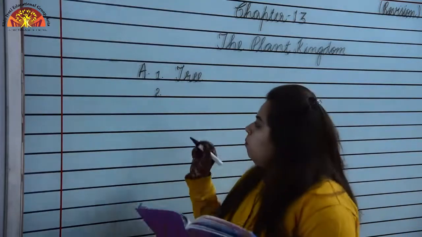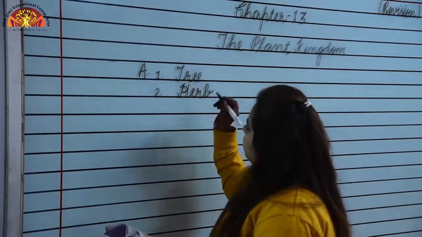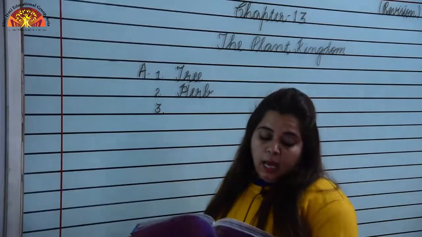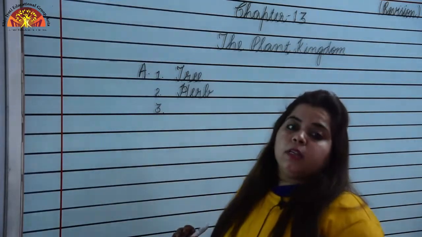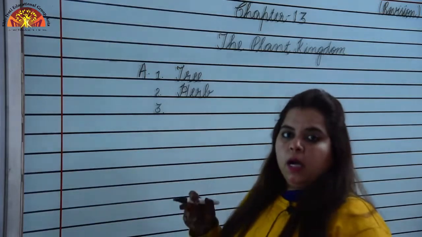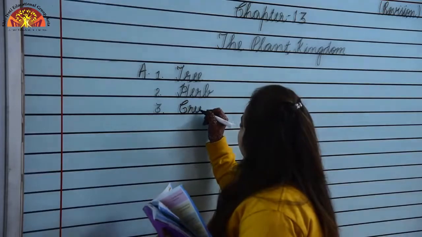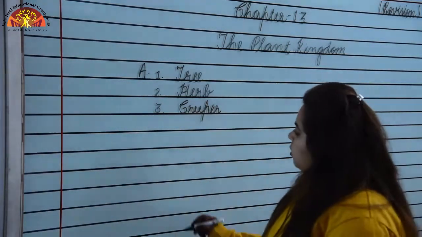Answer is herb. H-E-R-B, herb. Number 3, it is a weak plant that has a long and thin stem which creeps on the ground. Which plant creeps on the ground? Answer is creeper. C-R-E-E-P-E-R, creeper.